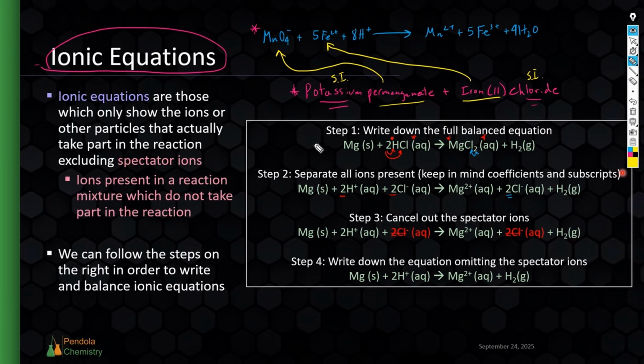So being able to look at that and say, okay, that's where this is coming from, not being confused, that's the main point where ionic equations are going to come in. Not so much coming up with them, although you could be asked to do that, but more importantly, being able to read them and not get lost in where the potassium went, where the chloride went. Because understanding that these are spectator ions allows you to ignore them when you're doing the chemistry and the mathematics for this.